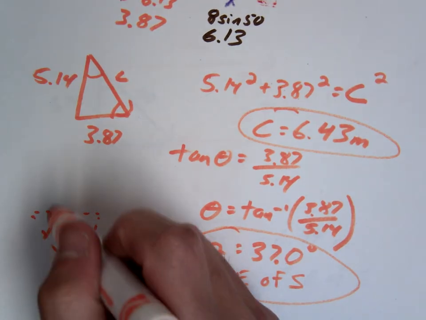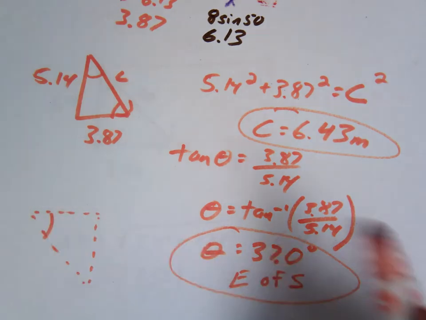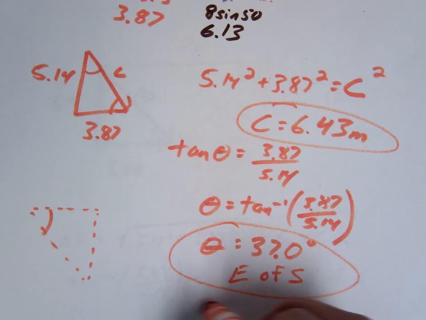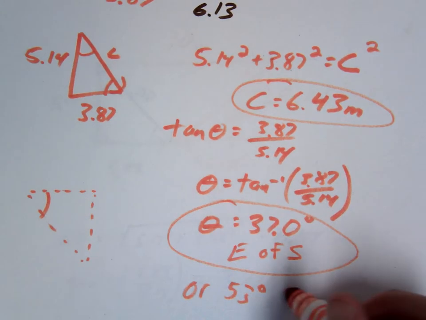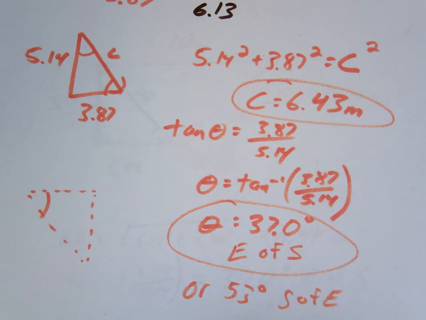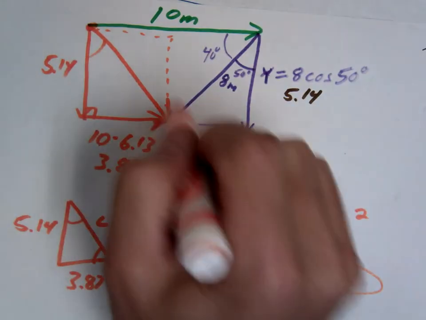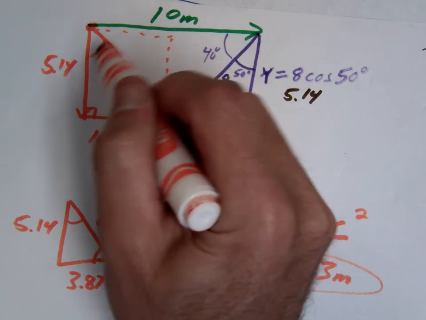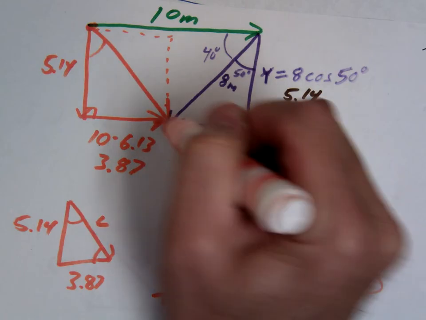What would this angle be right here? 53 degrees south of east. So there's always going to be two ways you can specify your direction, and it really just depends on how you drew this triangle. If you drew it like I did, it's east of south. If you drew it across and down, that would be south of east.